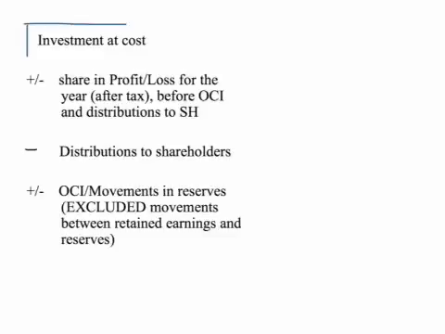So we've recorded the investment at cost, and then subsequent to that, so maybe this was at the beginning of the year, at the end of the financial year, and for subsequent periods, we have to adjust for our share as the investor, our share of the associate's profit or loss for the year after tax, but before other comprehensive income and distributions to shareholders.